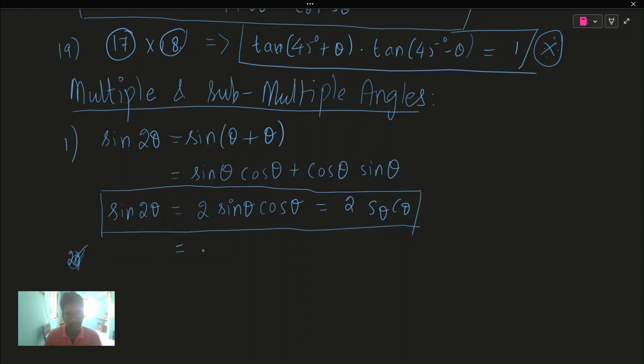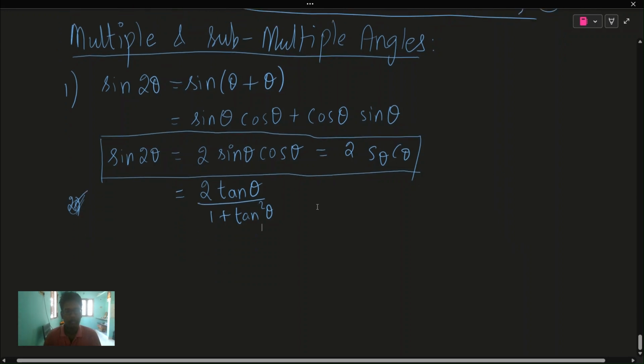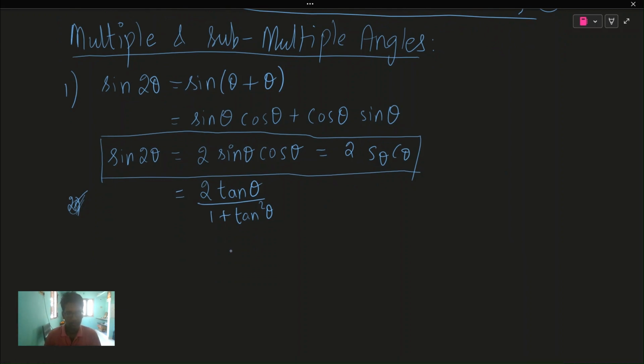You would end up getting 2 sine theta cos theta, which is also equal to 2 tan theta divided by 1 plus tan square theta. You would get doubts why, how come this arrived. It's nothing but basically sine theta cos theta.